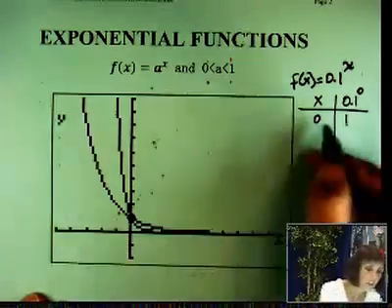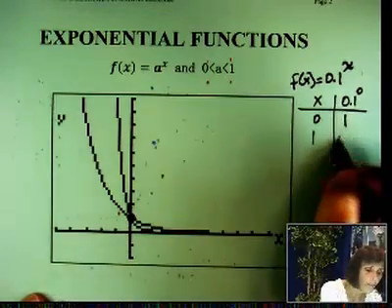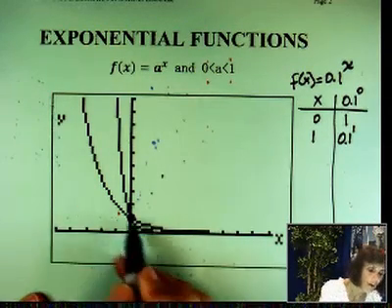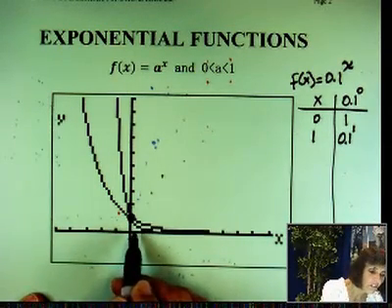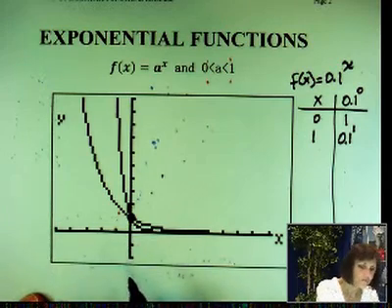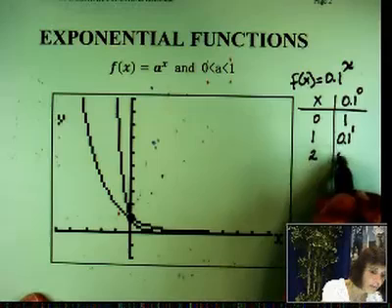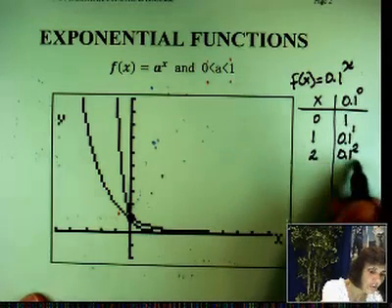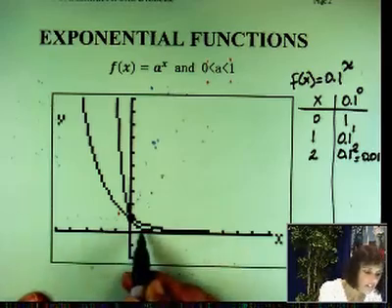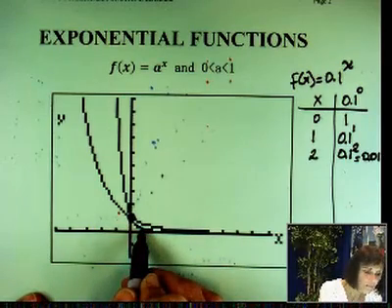At 1, it's 0.1 to the 1st power, so it's going to be small. At 2, it's 0.1 to the 2nd power, which is 0.01. Does it make sense? It's even smaller.